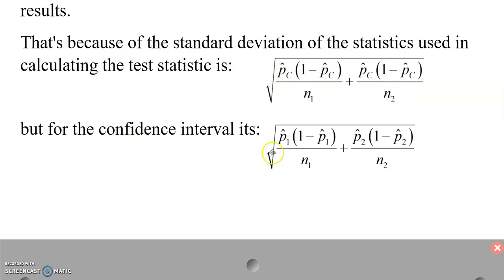These are not always going to give the same standard deviations, which means the results of a test and a confidence interval for the same data might disagree, especially if it's really close. If it's close to 0.05, slightly above or slightly below, the corresponding confidence interval might not completely agree.